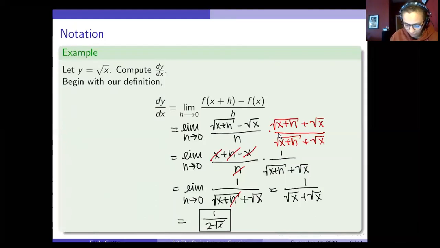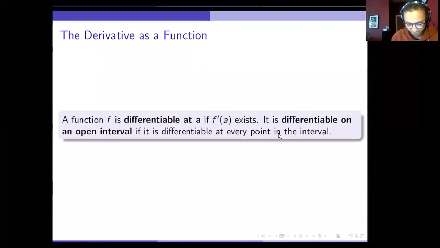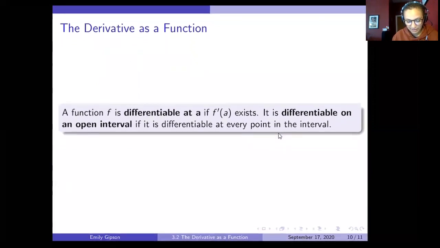So now we're going to talk about some important things. A function f, we say, is differentiable at a point A if f prime of A exists. It is differentiable on an open interval if it is differentiable at every point in the interval.